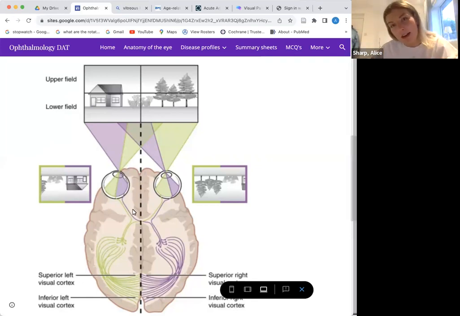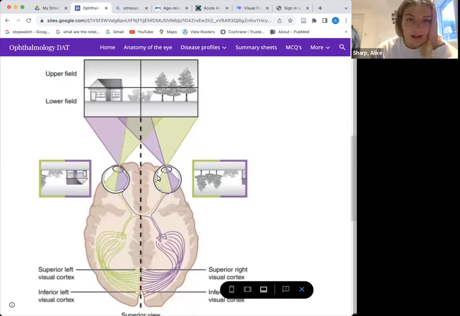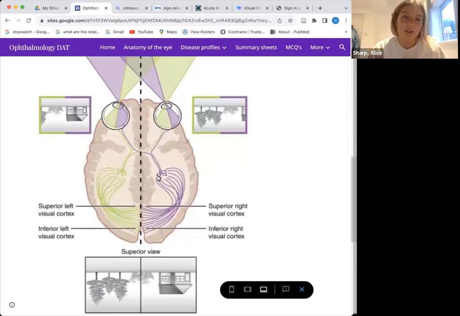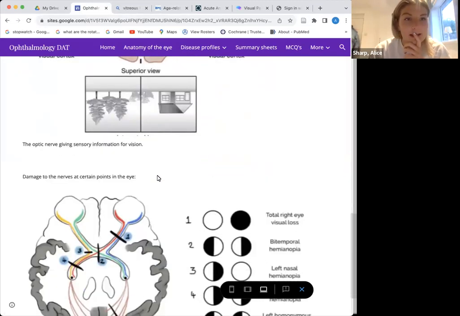If you follow the tracks down, it's going to be the opposite to the one you can see. This diagram here is just showing how we view things and how we process it, to help you figure it out.